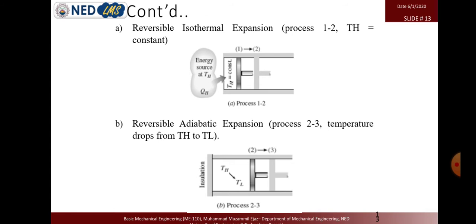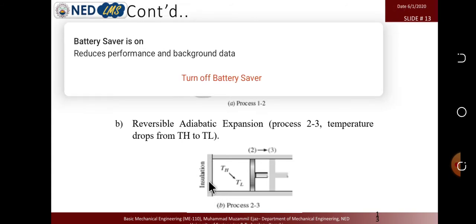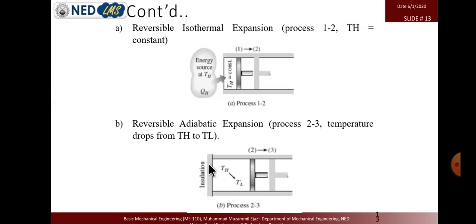The second process is reversible adiabatic expansion, in which we put an insulated wall in that position. When we put the insulation, there will be no heat transfer through any of the walls, so no energy can be released from the system to the boundary.